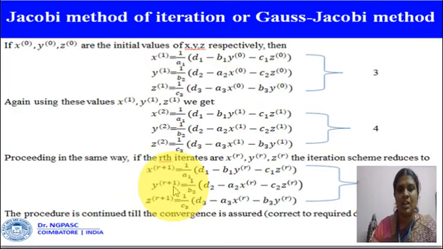This process continues until convergence is assured, that is, until you get the same values for three consecutive iterations. For a sum, it will go up to 9 to 11 iterations.